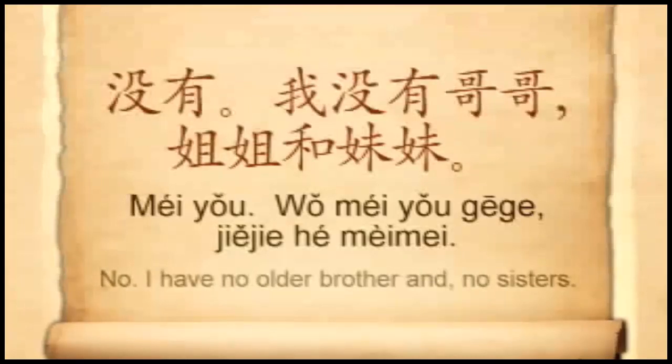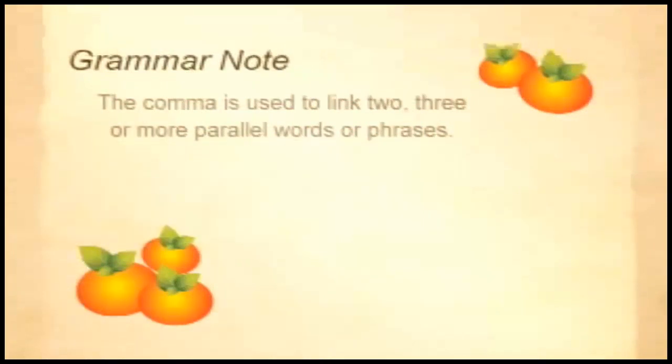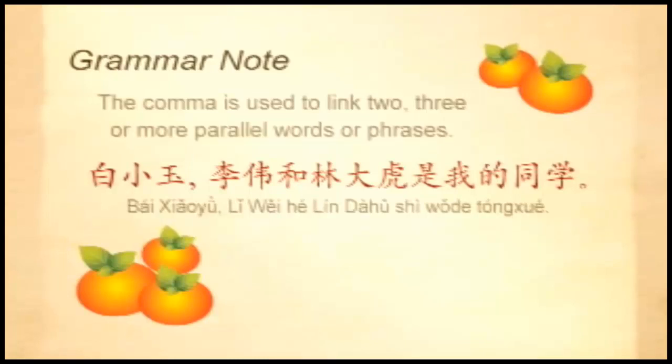This sentence uses the comma mark and the word 和, meaning and. In Chinese grammar, the comma is used to link 2, 3, or more parallel words or phrases. For example, listen to this sentence. 白小玉、李伟和林大虎是我的同学。白小玉、李伟 and 林大虎 are my classmates.